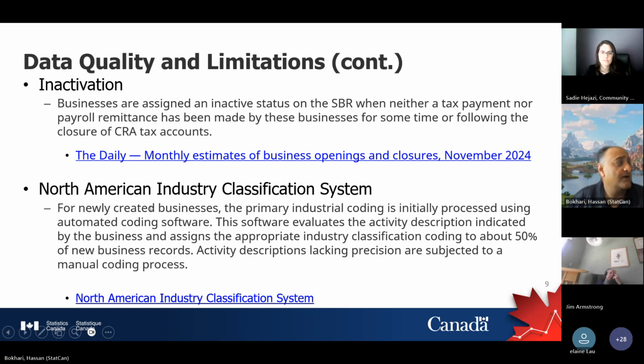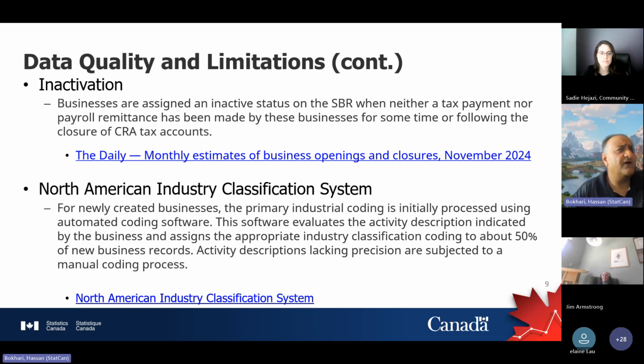Okay. The next is the North American Industry Classification System. So this is primarily how we classify industries in the USA, in Canada, and Mexico. We've harmonized how we report industries. For newly created businesses, the primary industrial coding is initially processed using automated coding software.